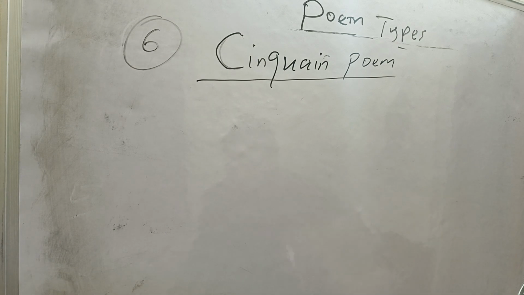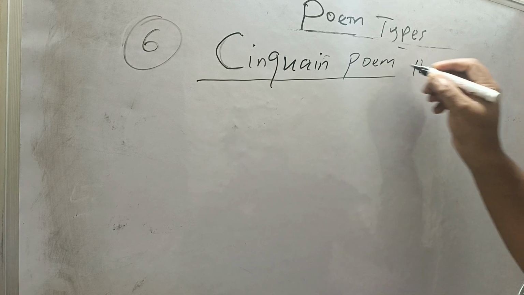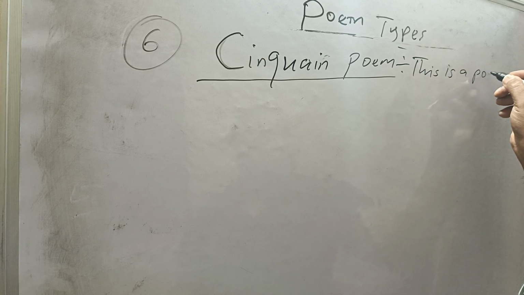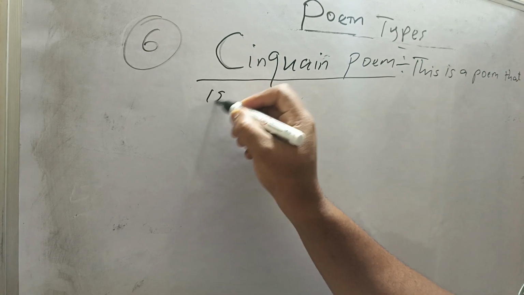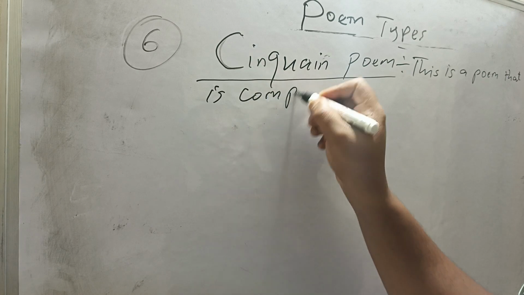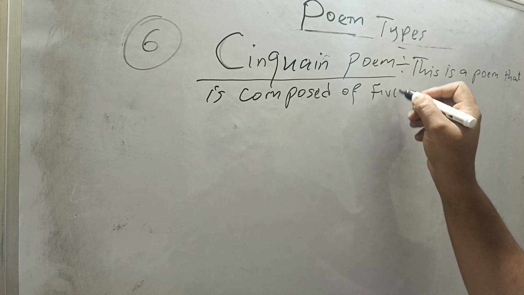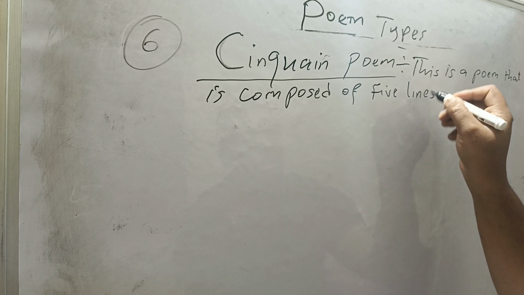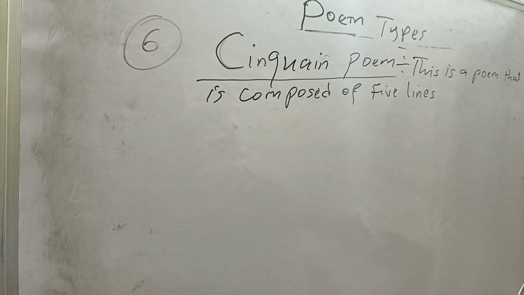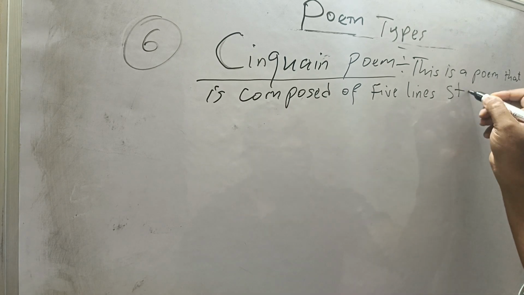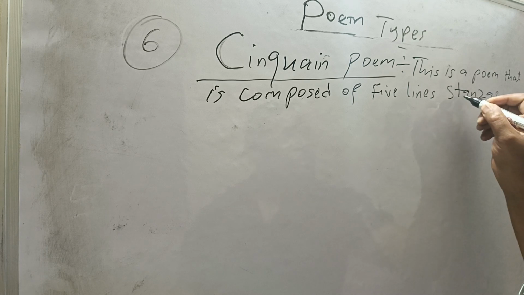So it's composed of five lines. So it's composed of 5 lines. You can use syllables or stanzas. So 5 lines, stanzas.